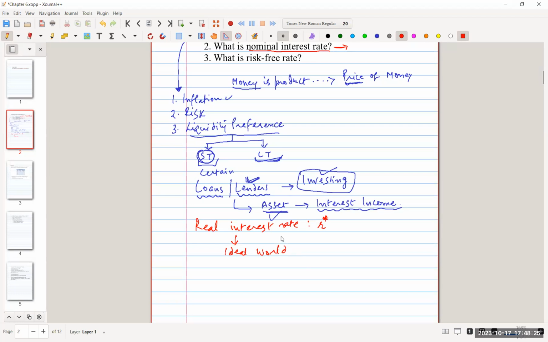And if you want to use the language of economics, then it will be an interest rate which will prevail in a world which is perfect. So the question becomes, what is a perfect or ideal world? The perfect or ideal world is where there are no market imperfections. There are no distortions of any sort.